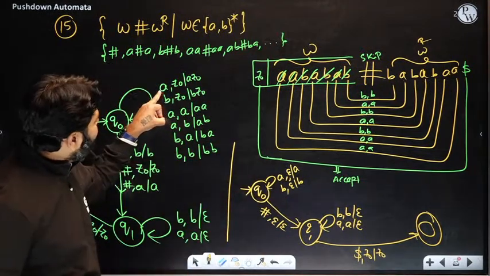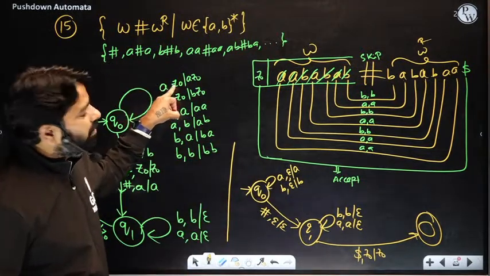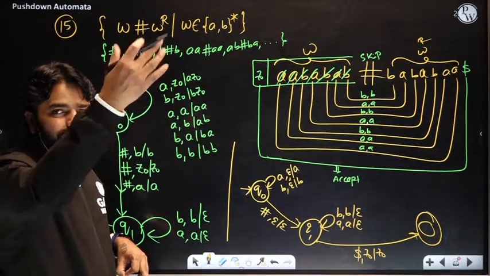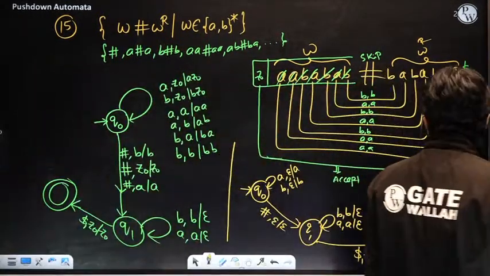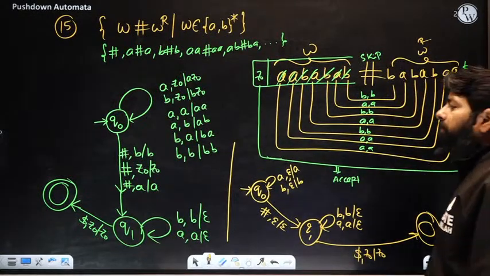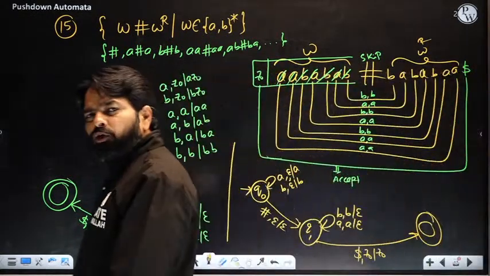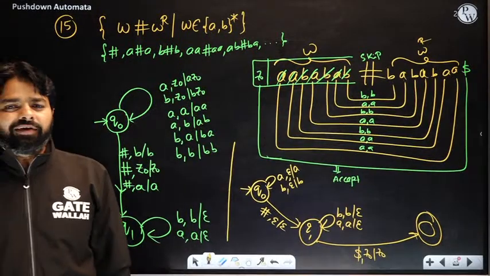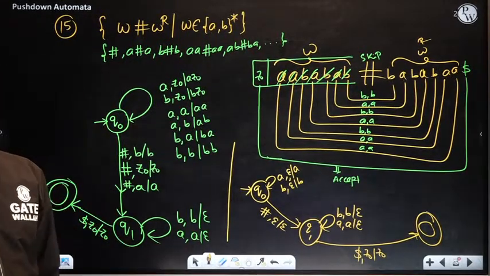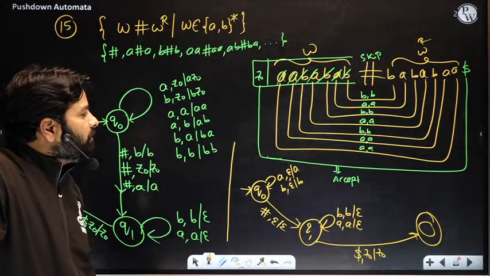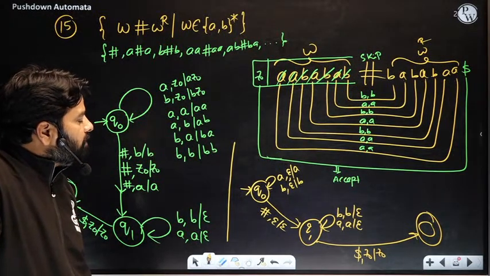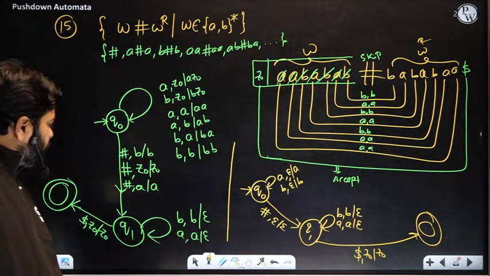But in deterministic, sigma cross gamma maps to sigma star, that's this side. Okay, this is about W hash W power R. Done? So many ways, but you should think the right way to design this one. Yeah, please note down.